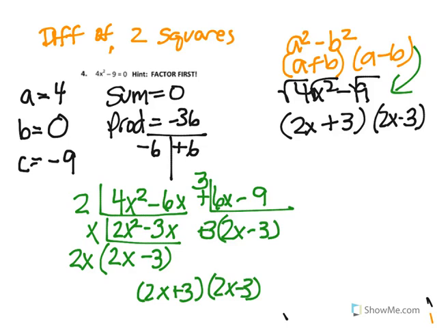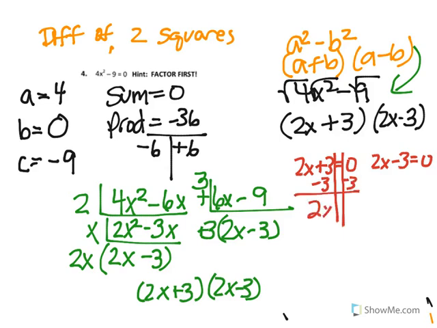But we're still not done, because to find our solutions we have to make two little equations. I'm going to do those in red. We're going to take 2x plus 3 and set it equal to 0, 2x minus 3 and set it equal to 0. Now we're going to solve two little equations. On this one I'm going to subtract 3 on both sides. So I have 2x equals negative 3, divide by 2, and x equals negative 3 over 2, or negative 1.5.